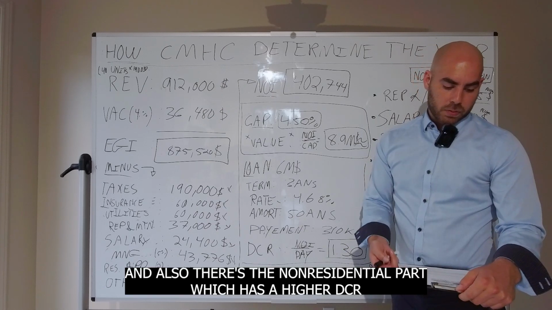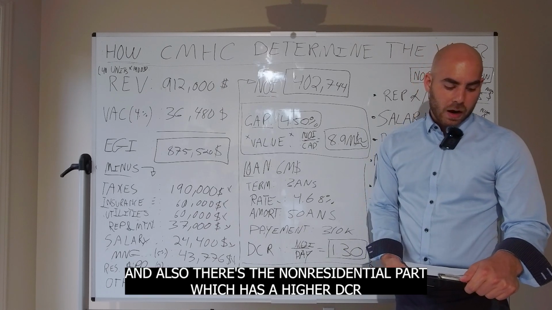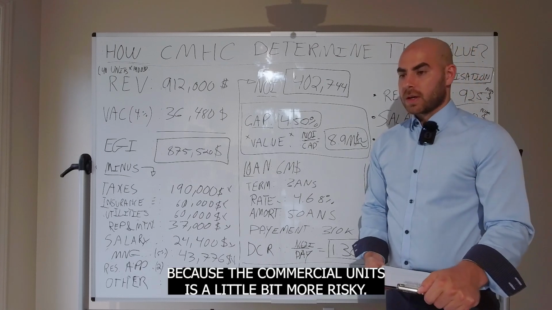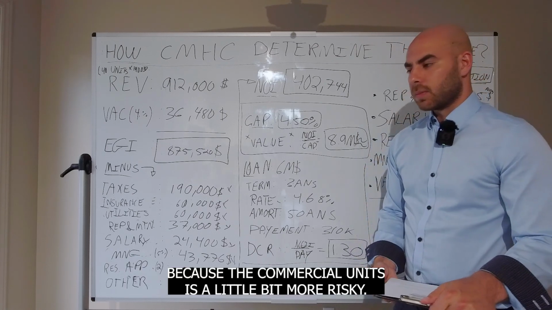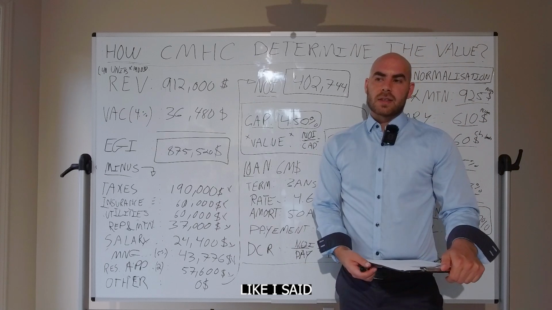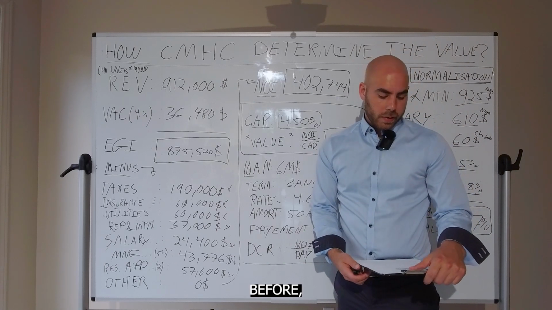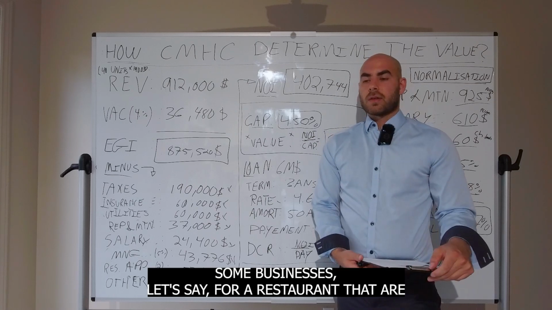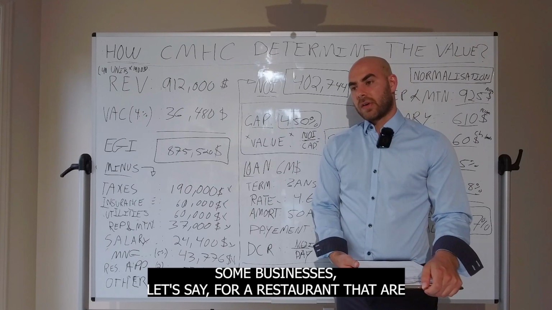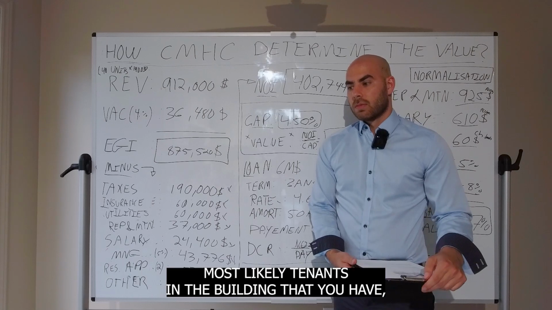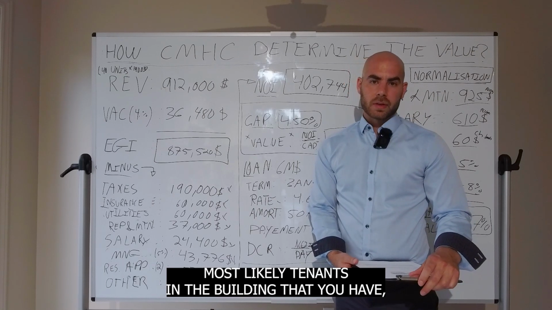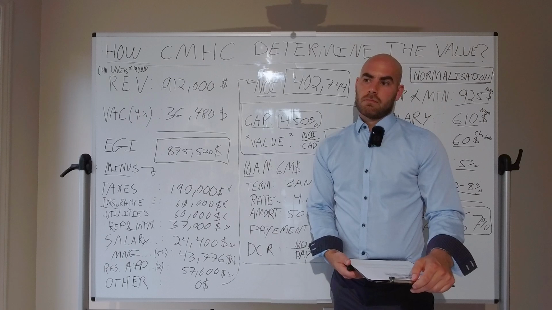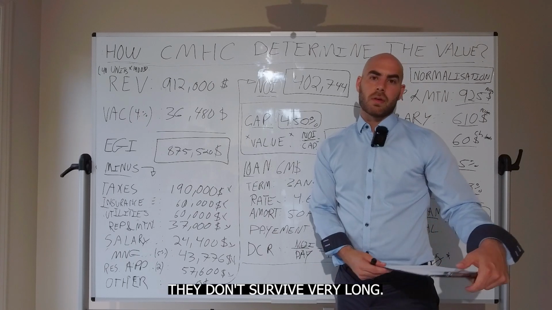And also there's the non-residential part, which has a higher DCR, because the commercial unit is a little bit more risky. Like I said before, it depends on the tenant. Some businesses, let's say restaurants, that are most likely tenants in the building that you have, don't survive very long.